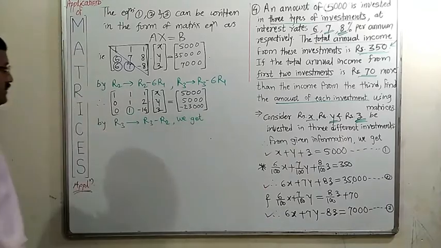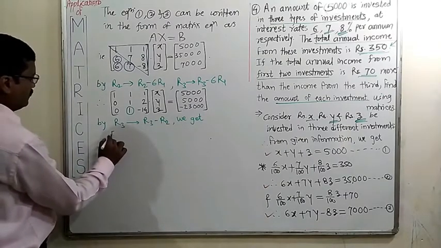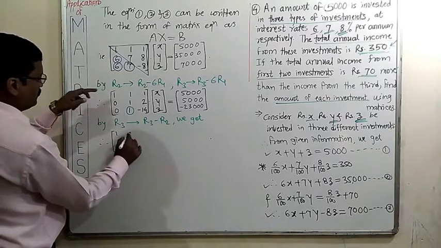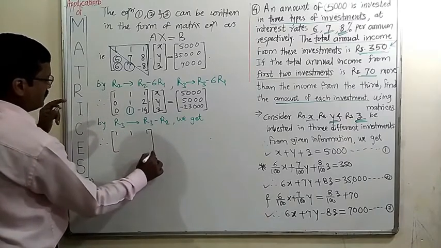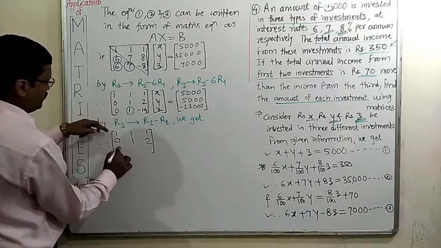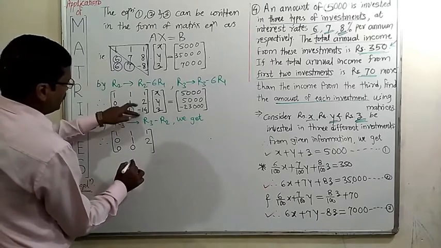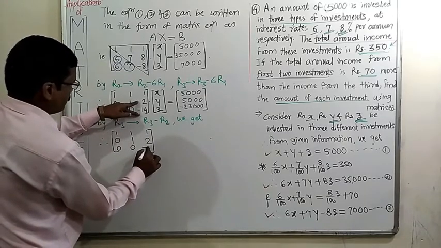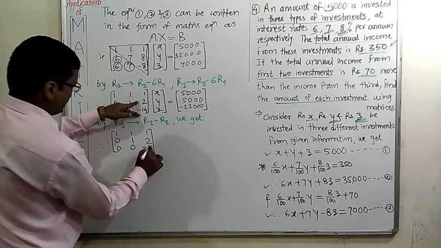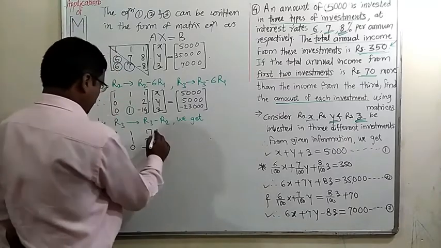By this operation we get first row no change, second row no change, in third row 0 minus 0, 1 minus 1 is 0, and minus 14 minus 2 is minus 16, into xyz.